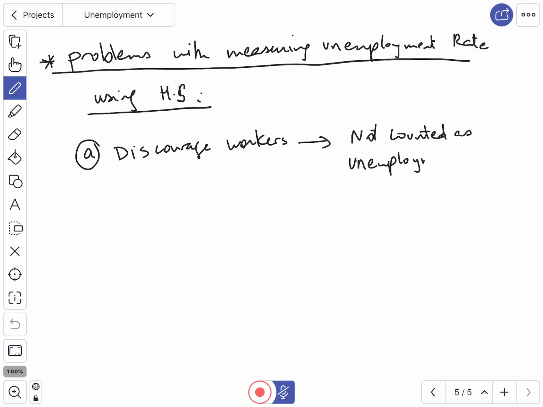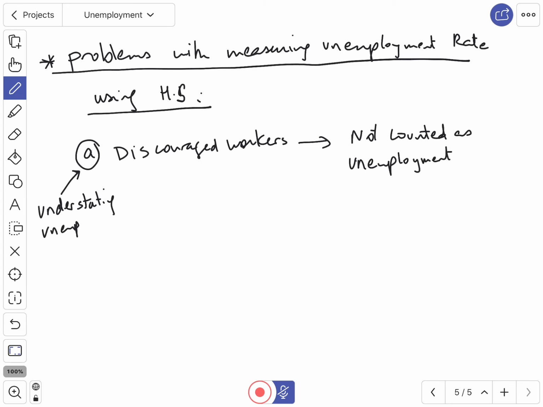You might think it's normal that people who are discouraged are supposed to be part of the unemployed population, but actually they are not. So this is one of the important factors that lead to understating the unemployment rate.